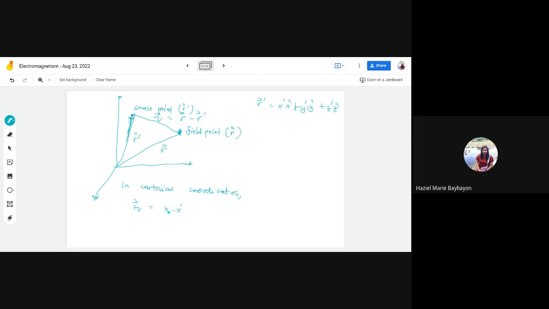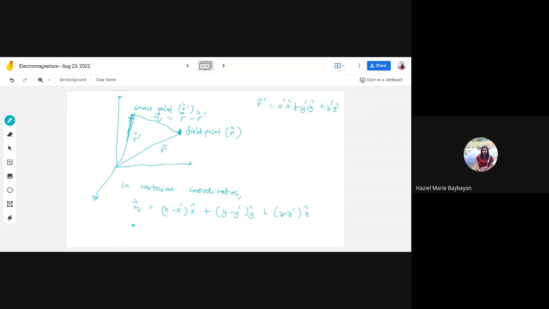So you have (X minus X prime) X hat plus (Y minus Y prime) Y hat plus (Z minus Z prime) Z hat. This is the vector with its components.